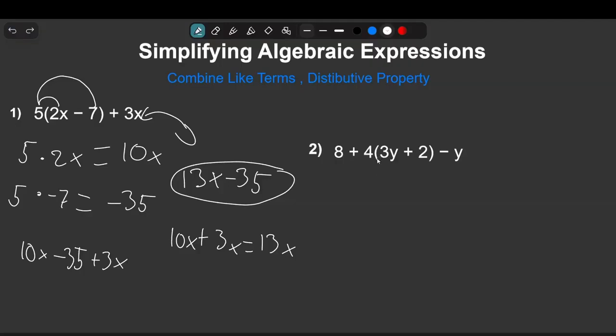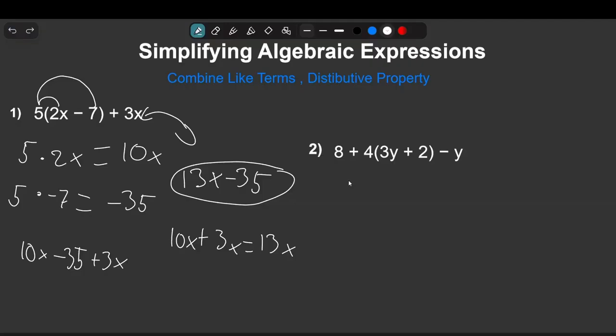If you combine like terms before removing the parentheses, or before using the distributive property, it won't be the right answer, because you can't do 8 plus 4 first. You need to use the distributive property first, and then you can combine the like terms.